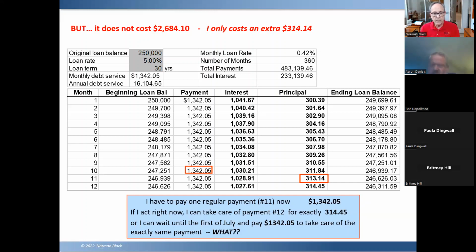deed of trust and note, we have to make one full payment every month, okay? So we're on payment number 10. We're going to pay $1342.05 as is required.